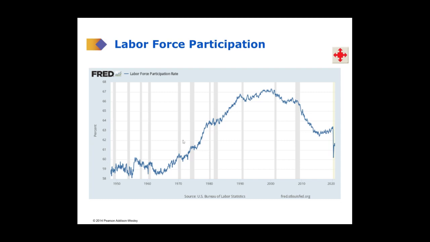Some of this increase is probably because if you go back as far as the 1950s and 60s, there were many women who were not in the workforce, and certainly by the 1970s and 80s, they were in the workforce, and most families had two people working. That would increase the labor force participation rate. But also the economy was more productive, and that also creates a need for more workers and a higher labor force participation rate.